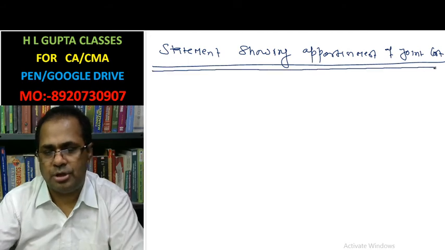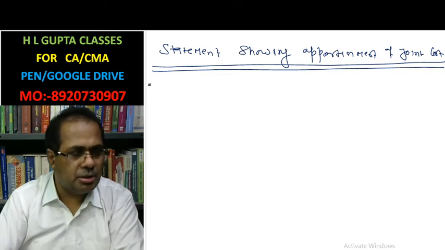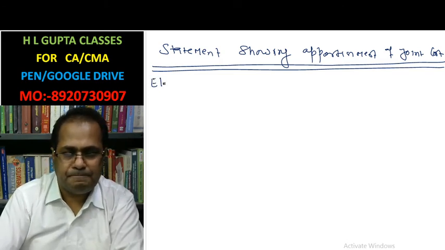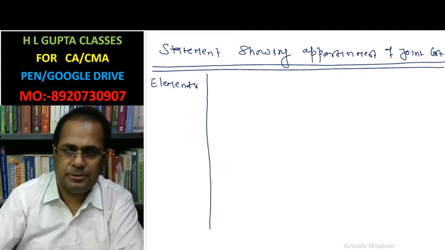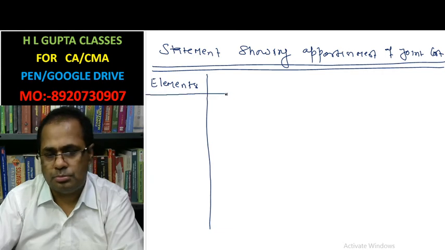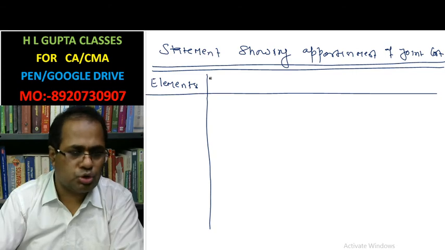Here these are the elements, and this is the basis of apportionment.